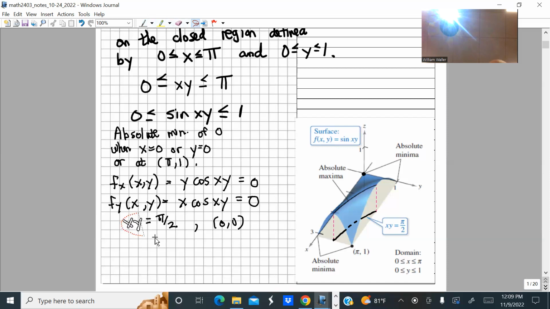So let me move this down and fill that in. So critical points when x times y is pi over 2, or when both x and y are 0, right? That happens, of course, at the origin.